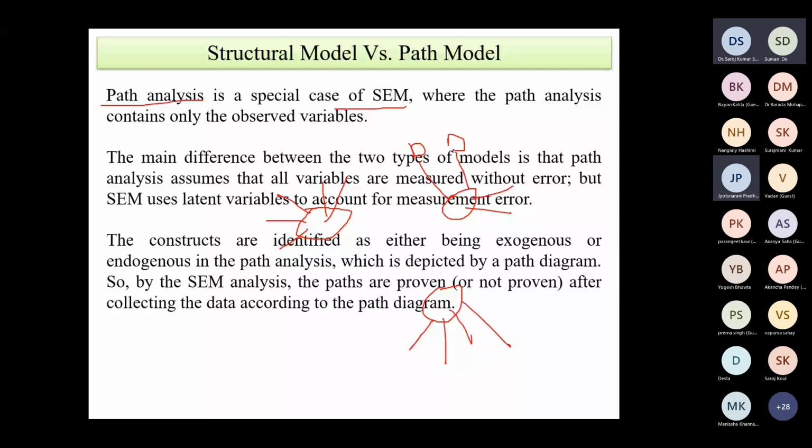What you need to do is test this arrow mark, this regression, test this arrow mark, test this arrow mark. No need to take the indicator values again. That means you will ask the question, this is a latent variable, so it does not have its own value.